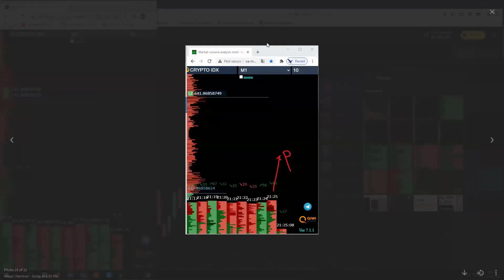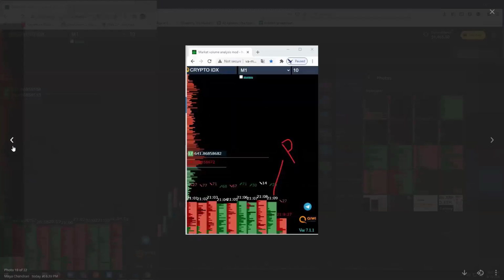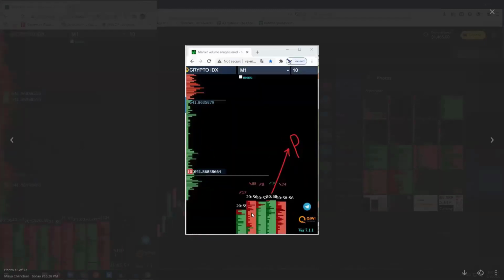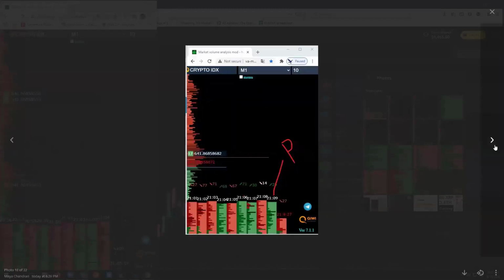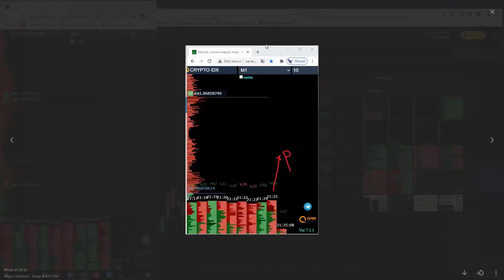Look here, I told you good volume, good volume here. We will find this type of volume, like this. Good market, huge volume. We need this.